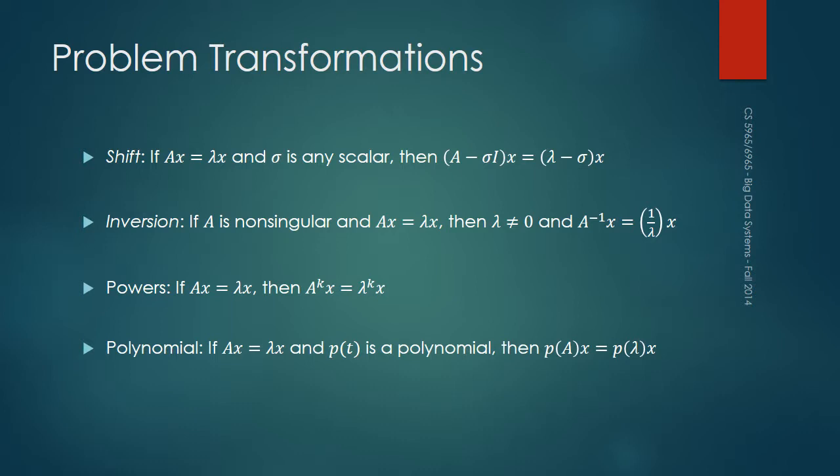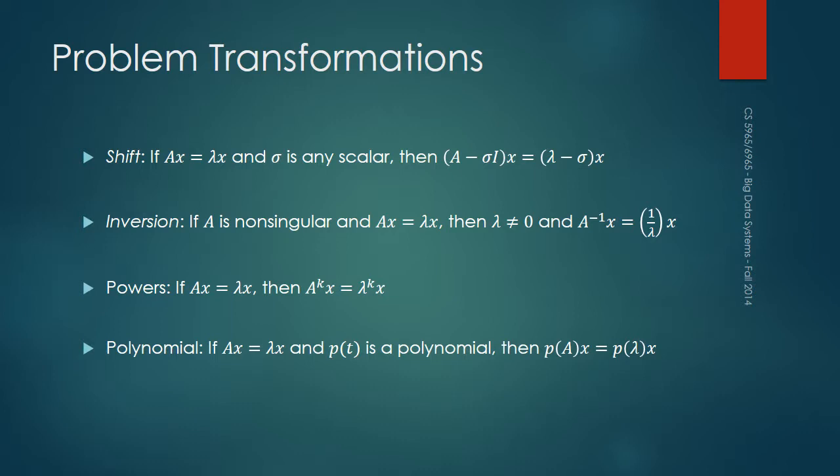The largest eigenvalue of A inverse is basically going to be the reciprocal of the smallest eigenvalue of A. So by doing this, we can get the smallest eigenvalue of a given matrix. Okay? The powers come directly from that, which is basically you can just break it up, and so on. You can recurse it.